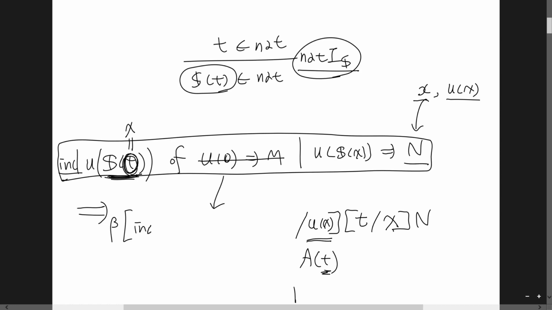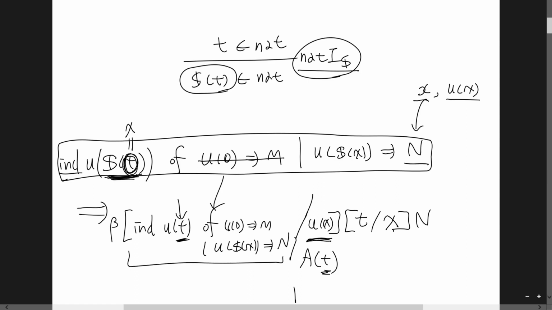So you copy this one, induction u of t. So notice that now we use t instead of successor of t. And you just copy the whole remaining part, u successor x of n. And you will use this proof term for this variable u of x. So that's the second part of beta reduction.